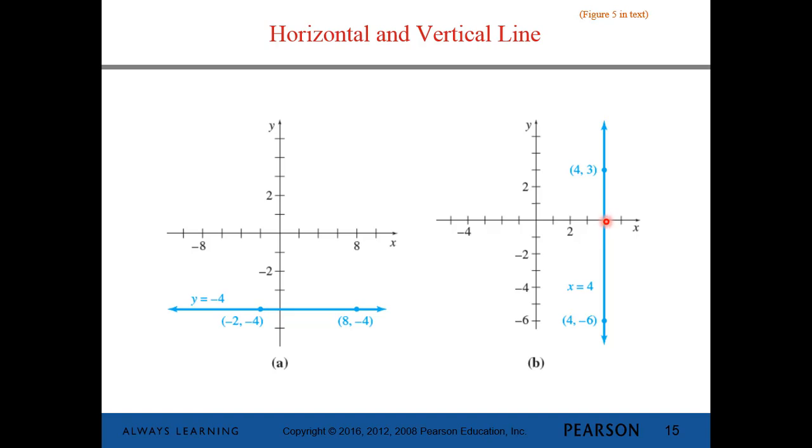So the equation of a vertical line is x equals a, where a is the x-intercept. So if it's a vertical line, it's x equals a. If it's a horizontal line, it's y equals b, and those are the equations of the line. So those are two special cases where the general slope-intercept form reduces to a simple equation.